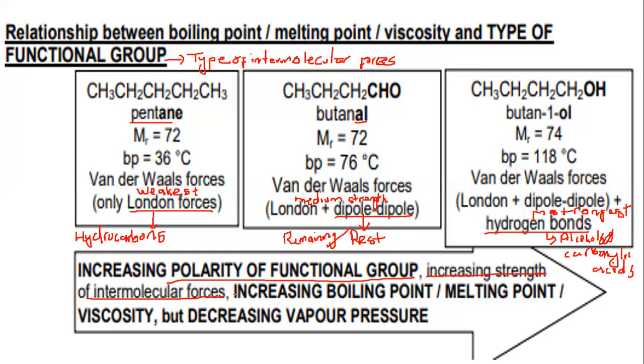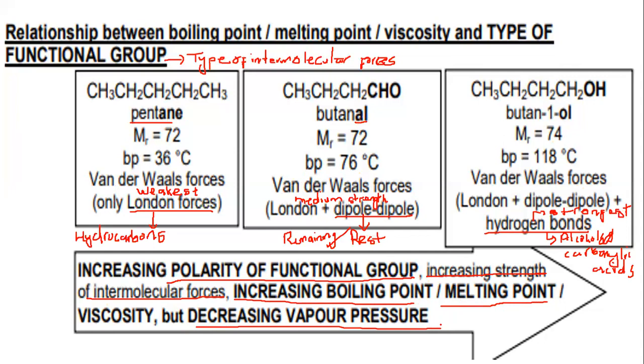If the strength of intermolecular forces increases, then the boiling point is increasing. And when the intermolecular forces increase in strength, the melting point is also increasing. But when the intermolecular forces become stronger, the vapor pressure is decreasing, my dear learners. So know this particular relationship.